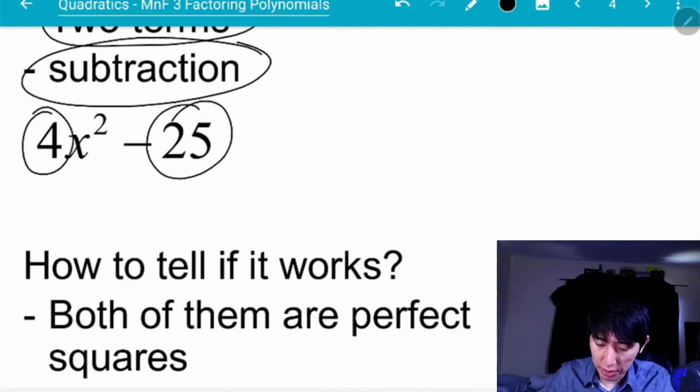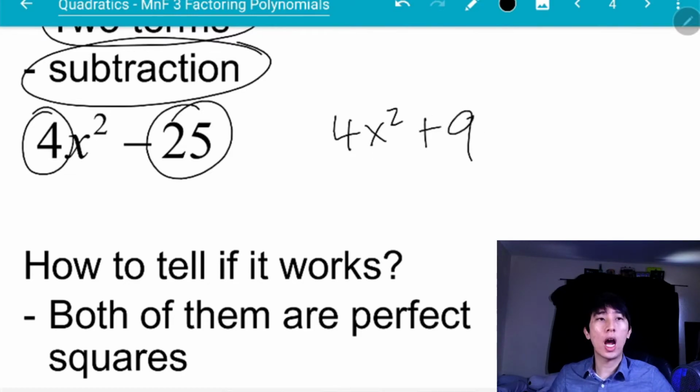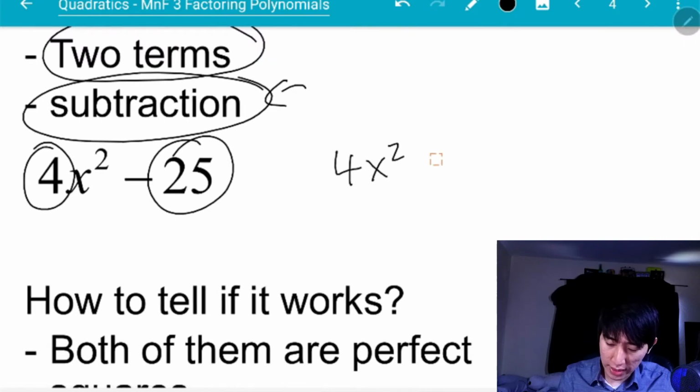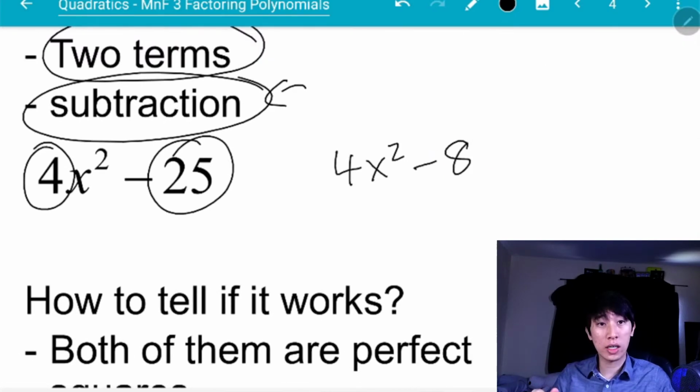So, for example, if I had something like 4x squared plus 9, this one obviously doesn't work. It's obviously not difference of squares because one of my keys is it had to be subtraction. Now, if I had something like 4x squared minus 8, this again would not work because 8 is not a perfect square, which is again why it's important to know your perfect squares.